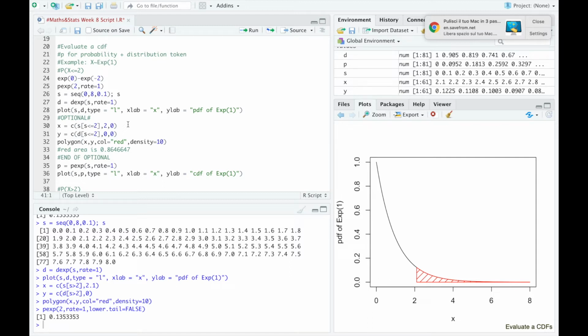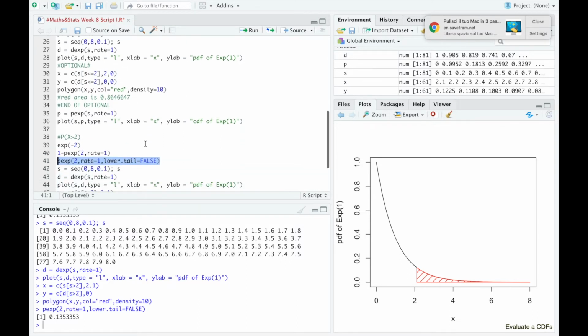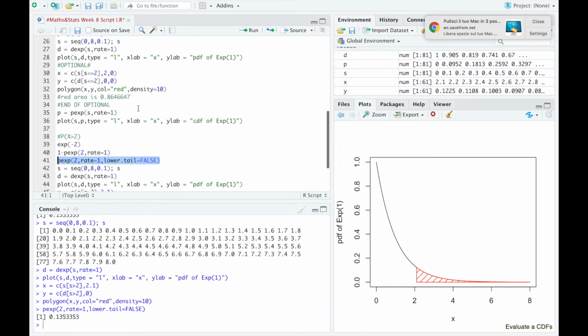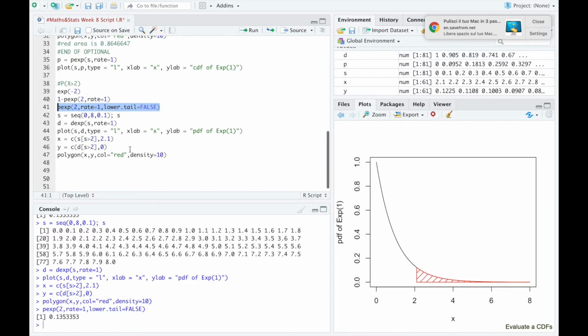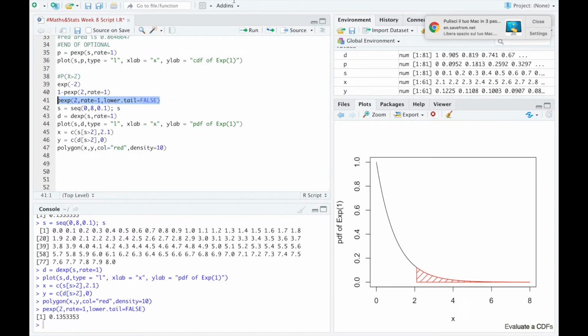You have learned how to use the tables to evaluate these CDFs. Of course, it's much easier, much more precise, much faster to use the R commands. In real life it's good to use the table to understand what's happening, but you will really use software like RStudio to evaluate these CDFs.